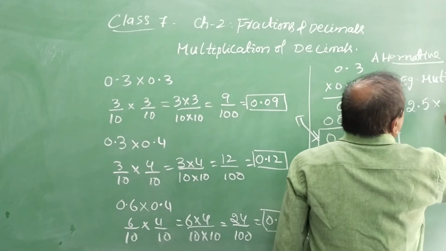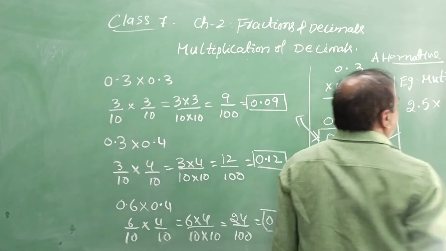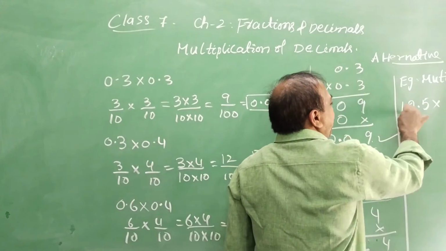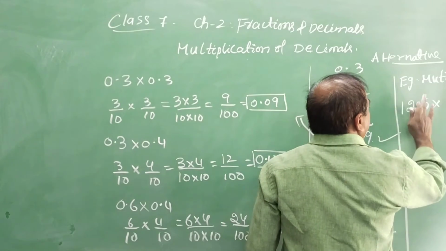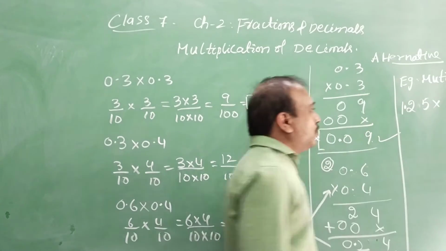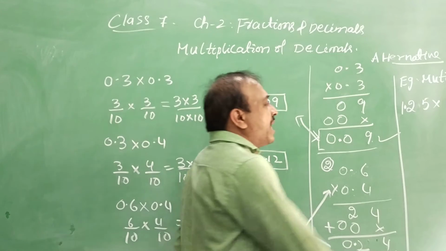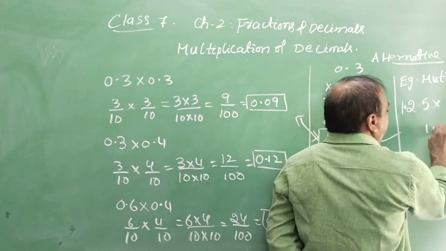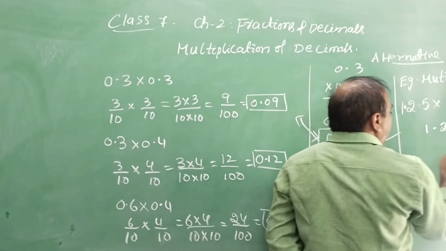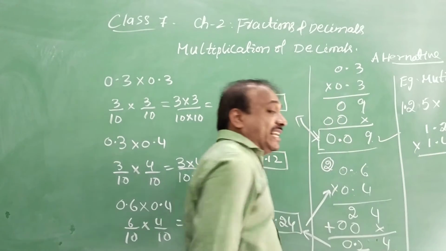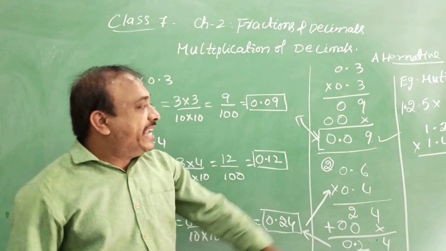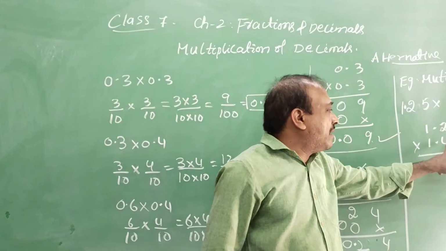1.25 into 1.4, we change the decimal place. Observe it, normal multiplication, 1.25 into 1.4. But the only thing is, do not get confused. Here 2 decimal places, here 1.